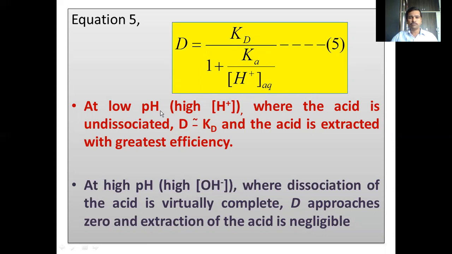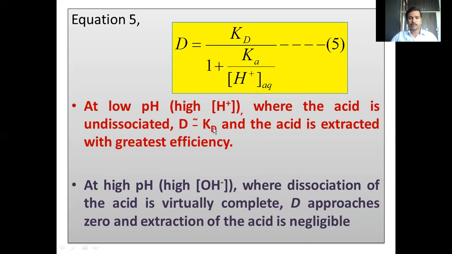If you assume the pH is low for the aqueous solution in which the carboxylic acid has been dissolved, that is at a higher concentration of H plus ion, the value of D will approach Kd.